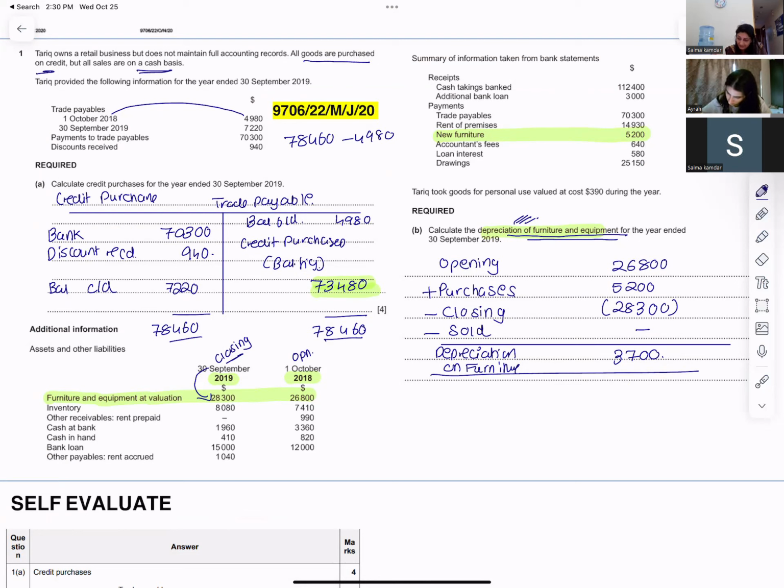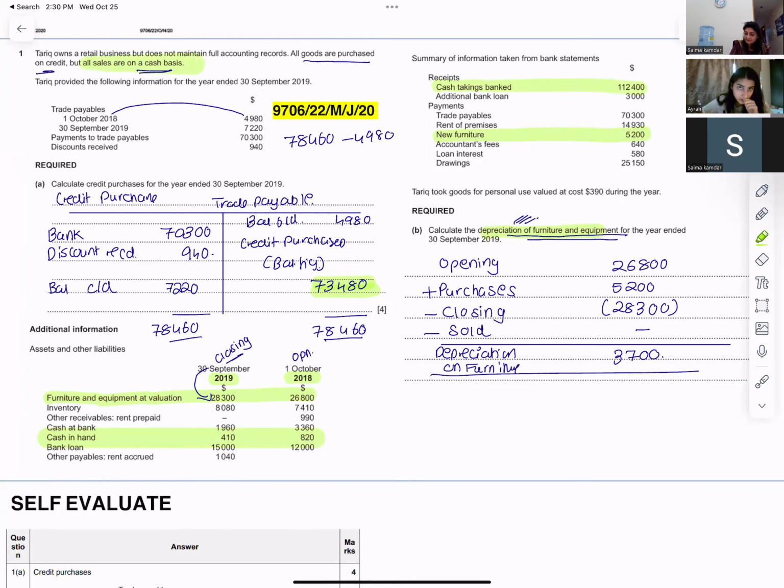I have the closing cash balance and the opening cash balance. Apart from that, I have this cash taking bank. What does this mean?